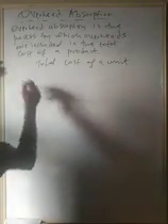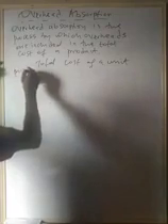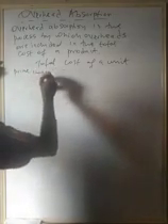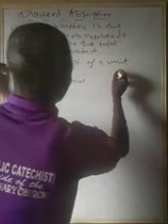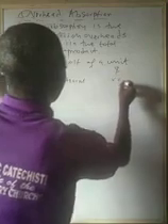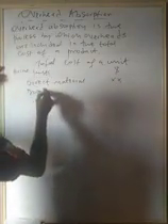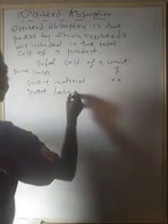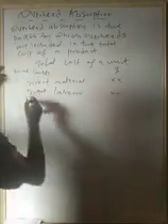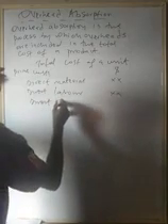The prime cost is direct material, direct labor or direct wages, and then direct expenses.